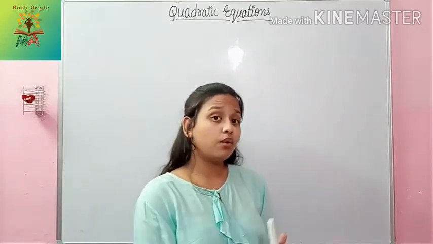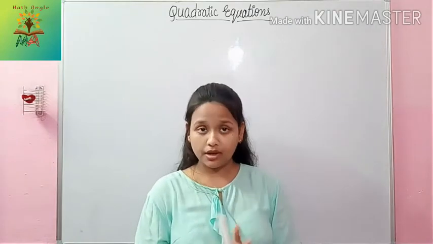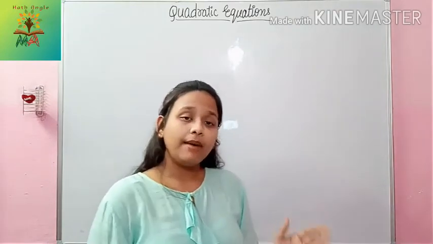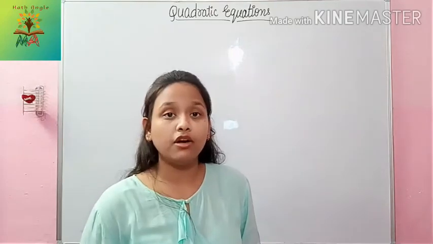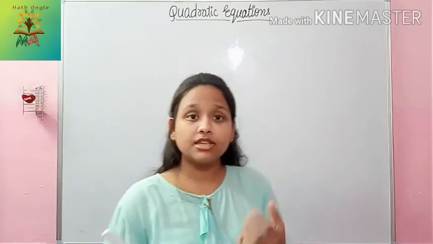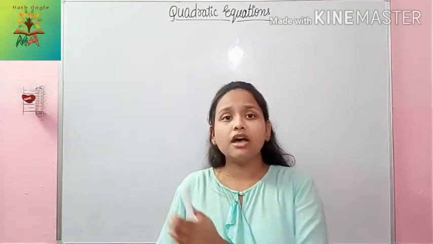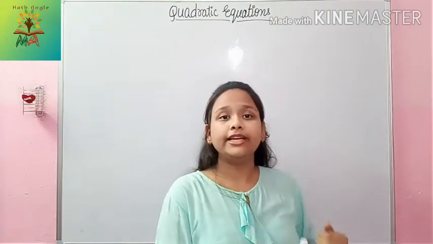First of all, we should know what quadratic equations are. We discussed in polynomials what quadratic polynomials are. As the name suggests, quadratic means a polynomial which is of degree 2.